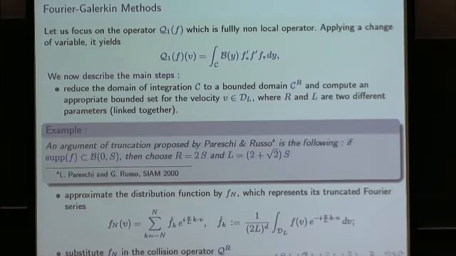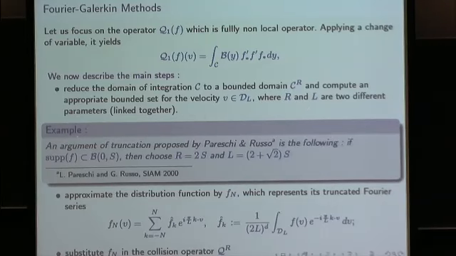The first one is to reduce the domain of integration capital C to a bounded set that I will denote by C_R, where R represents a truncation of this domain of integration. Also, I have to find a bounded set for the velocity domain that I denote by D_L, and of course, the variables L and R are linked together. I don't want to give you all the details to compute them, but it is possible.